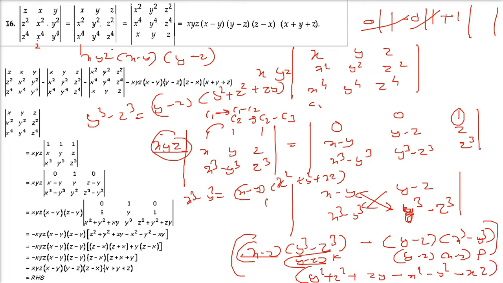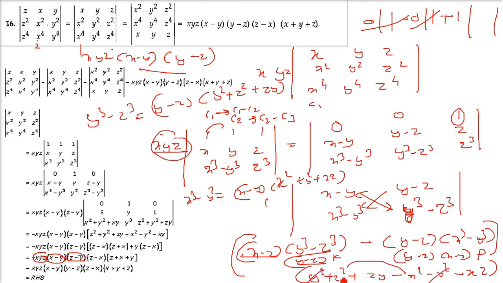So what do we see? We can take certain things common from here also, because y square is to be cancelled here. You are left with z square plus zy minus x square minus xy. Because xyz, x minus y, and y minus z are already with us, we need to rearrange.